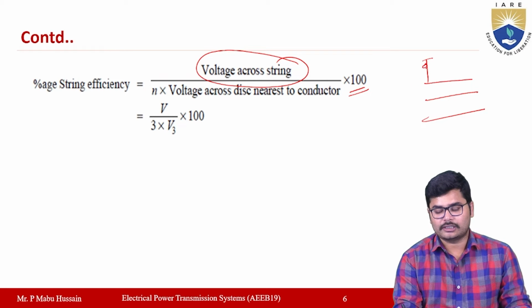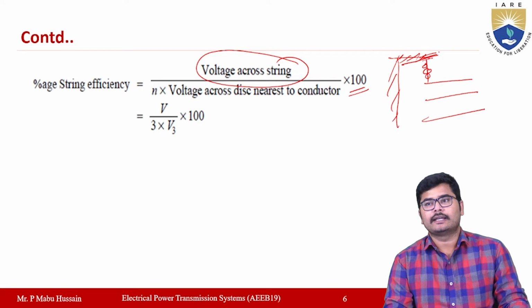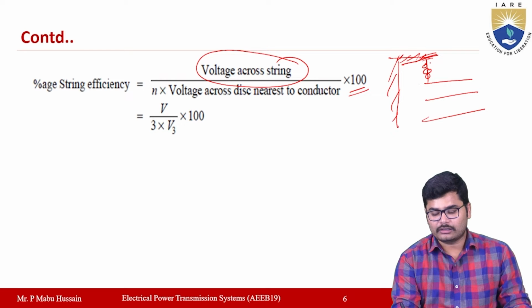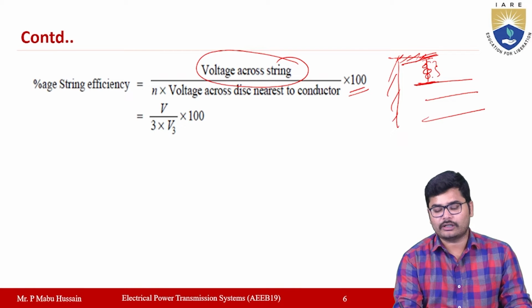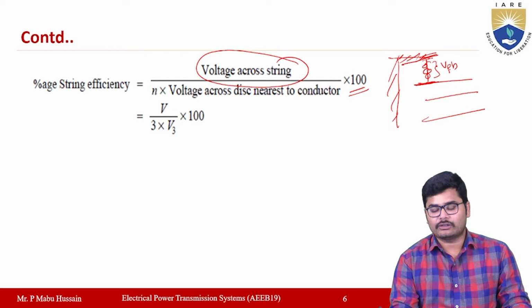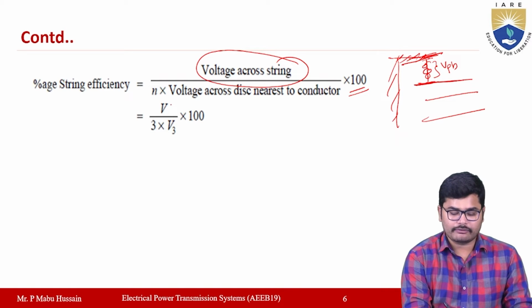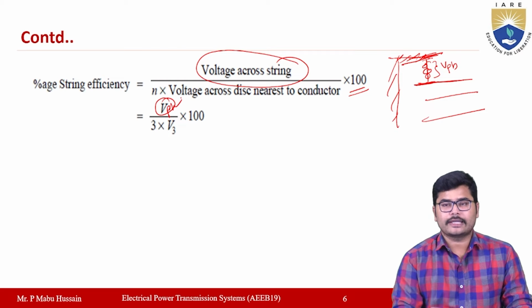This is the insulator structure, and this is the cross arm of the tower, which is connected to the ground, so it can be treated as earth. The live conductor is connected through this insulator string to the cross arm of the tower. So the voltage across this insulator string is the phase voltage, which is the voltage between one line and ground.